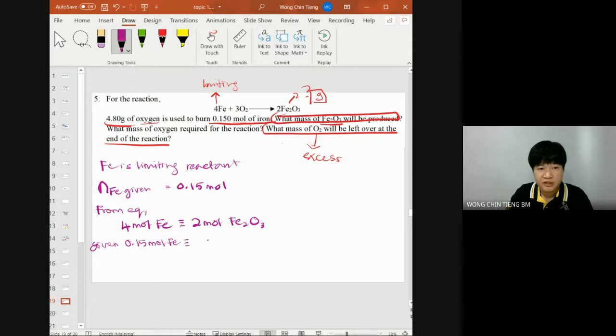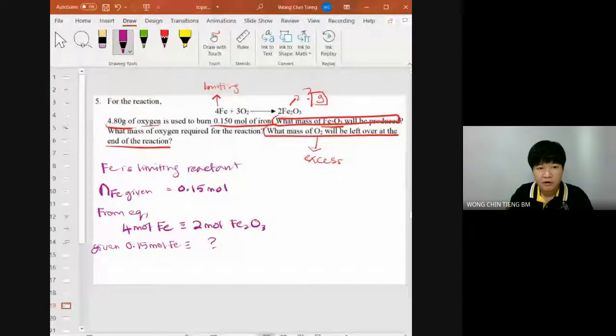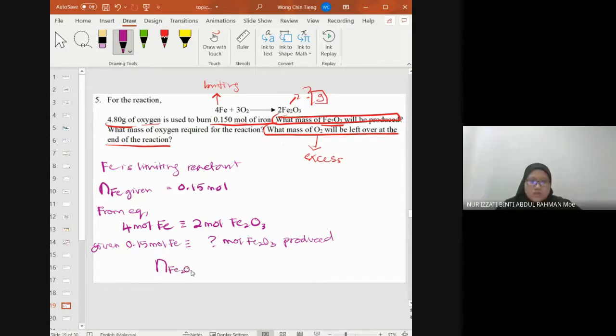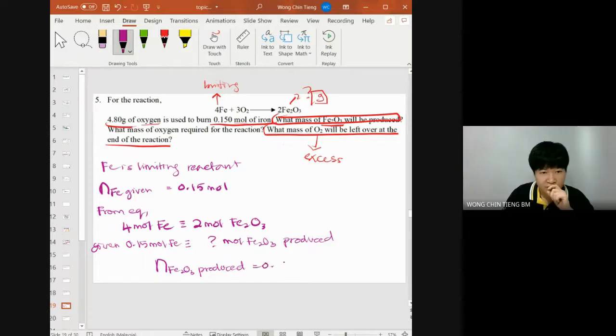So the question is how many mole of Fe2O3 will be produced. Okay, saya tambah terus untuk bagi kamu nampak. And Izzati, number of mole Fe2O3 produced? 0.075 mole.